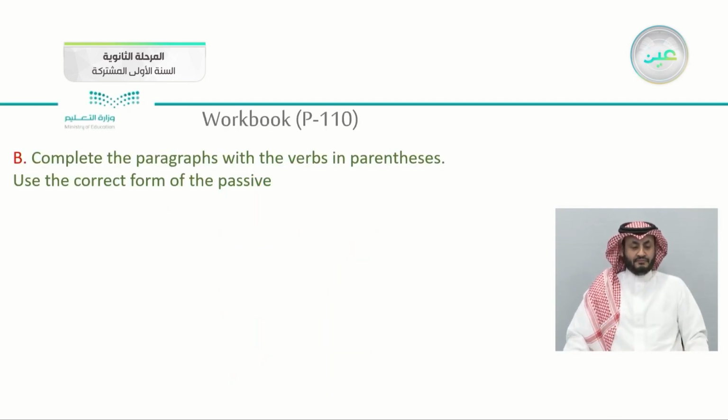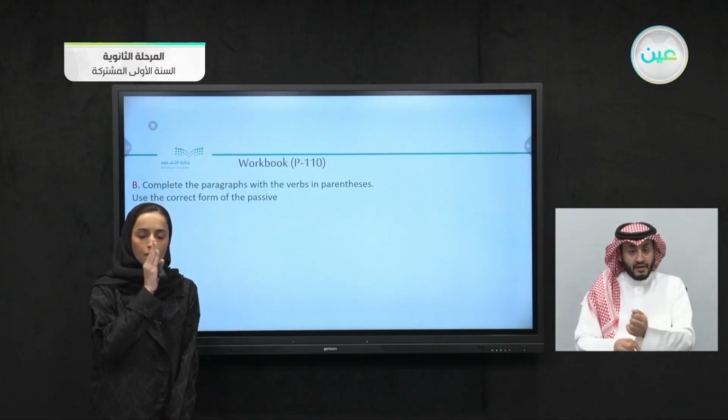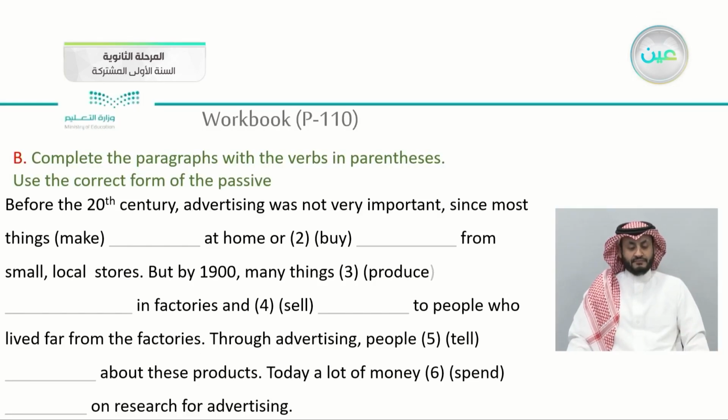Okay. Now, in your workbooks, page 110, complete the paragraphs with the verbs in parentheses. Use the correct form of the passive. So all the times, we're going to use the passive. Present, past, or future. Here, before the 20th century, so before, it means in the 19th, in the 18th century, so we're speaking about the past.